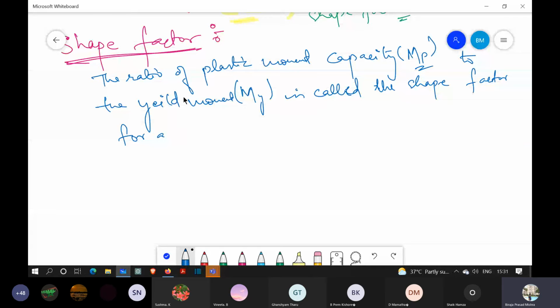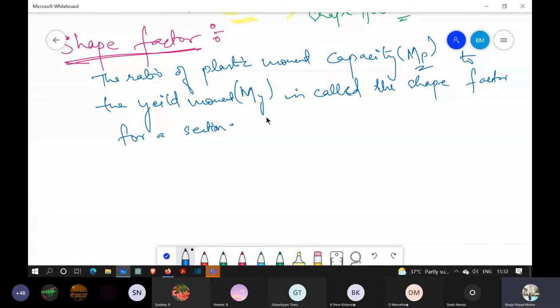Okay, so now you may ask, sir, what does this shape factor represent?